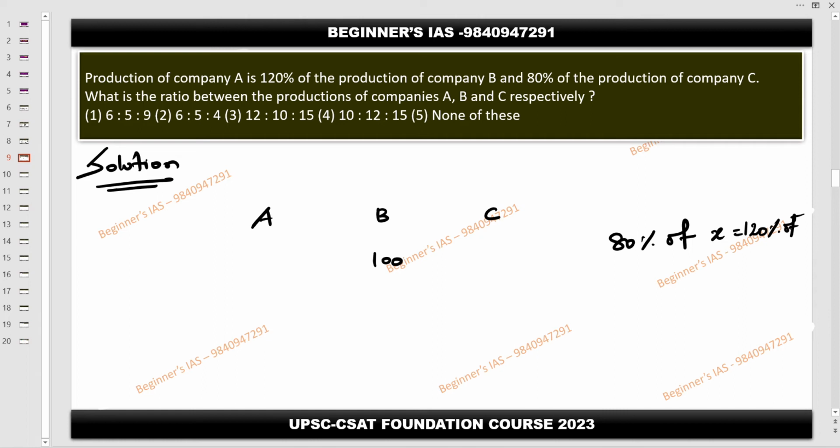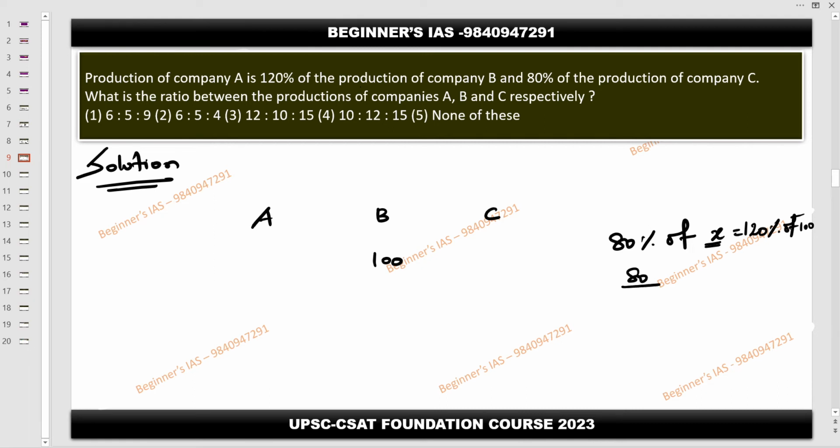Listen carefully here, that is the thing you need to understand. 80% of the production of company C, so 80% of X, is equal to 120% of the production of company B, isn't it? Yes, 120% of 100.